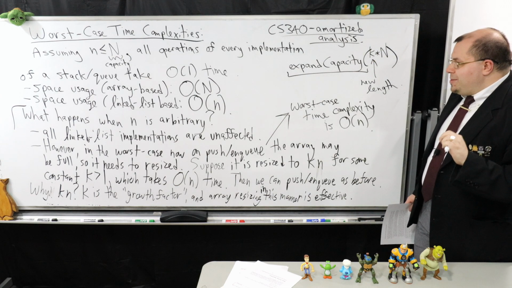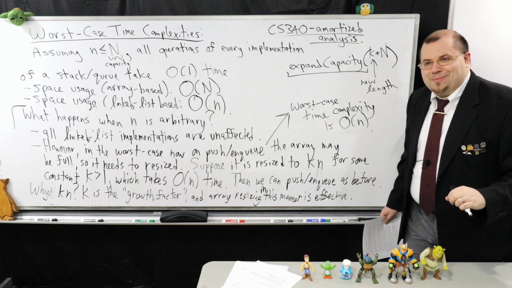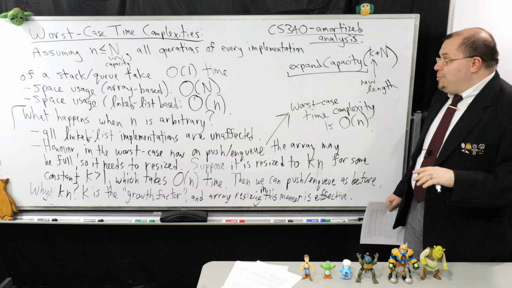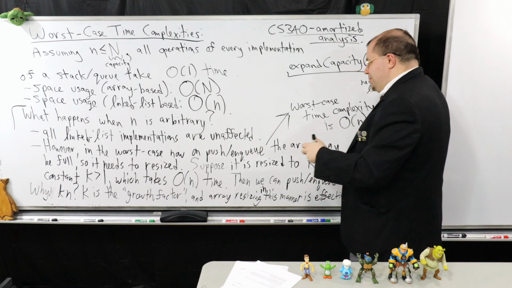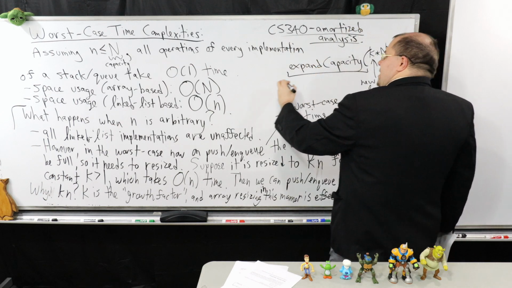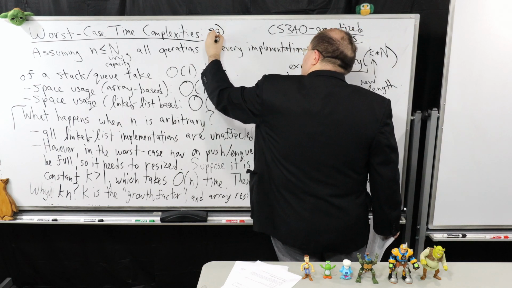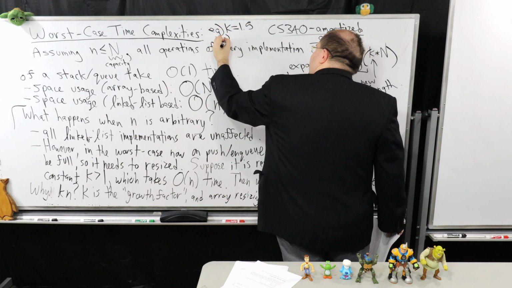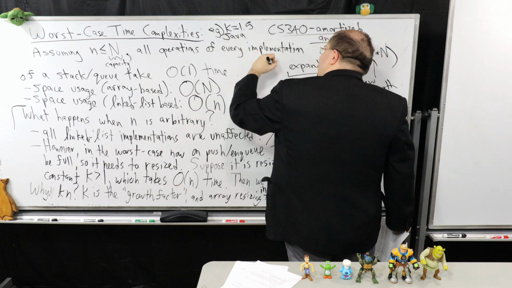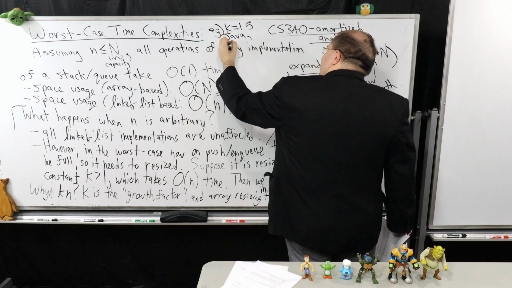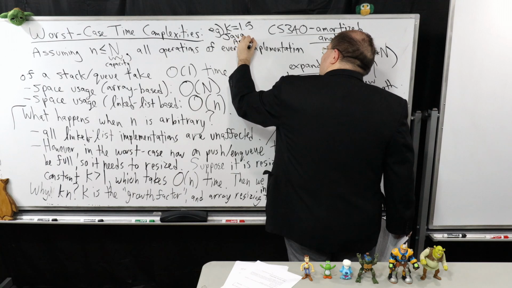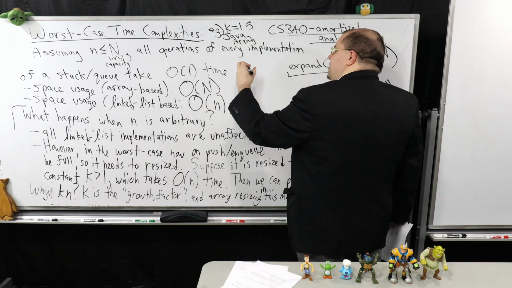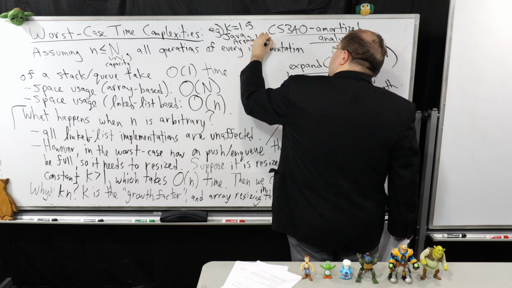Now, you might ask, Dan, is there some magic number that is useful in practice? This is something I usually bring up in 340, but as an example, if you make k equal to 1.5, this is what Java uses. If you've seen Java the programming language, they have an ArrayList class, which is a resizable array for all purposes.